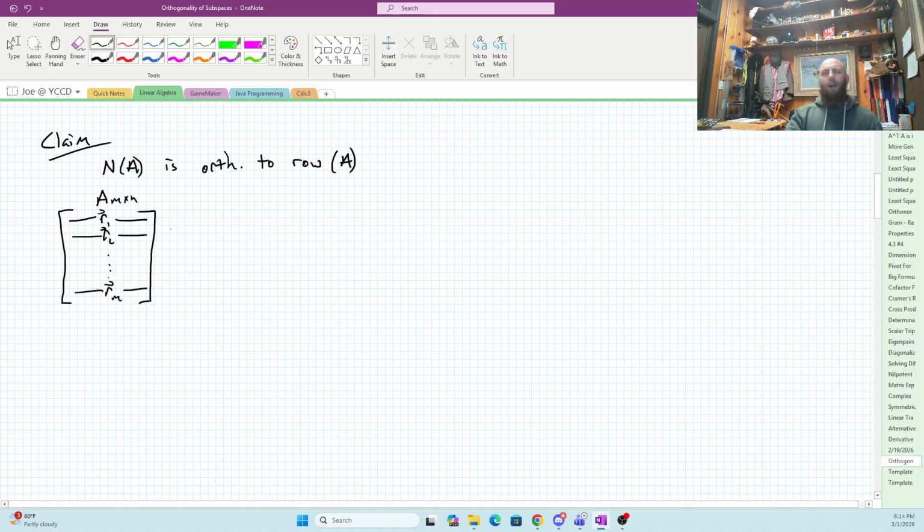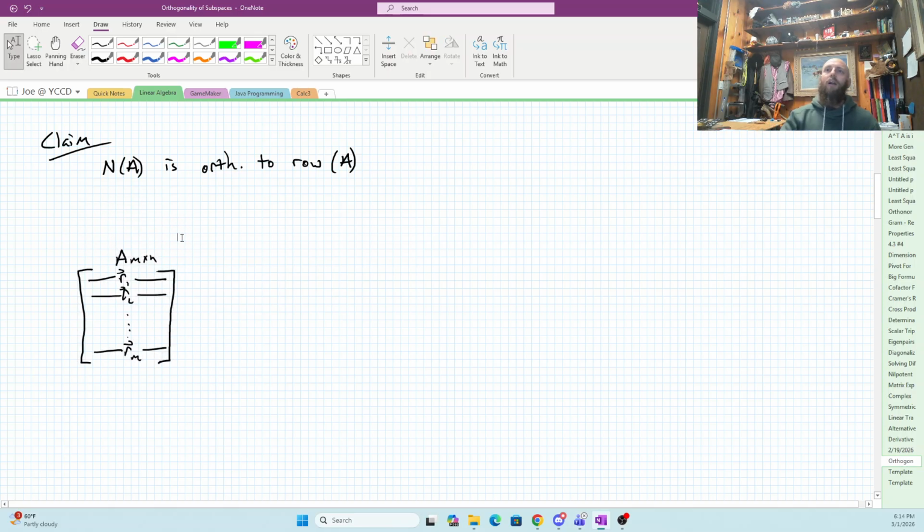And then I need a vector in the null space. So let's say x is in the null space of A. Off here in the margin, I want to show that x is perpendicular to any vector in the row space.